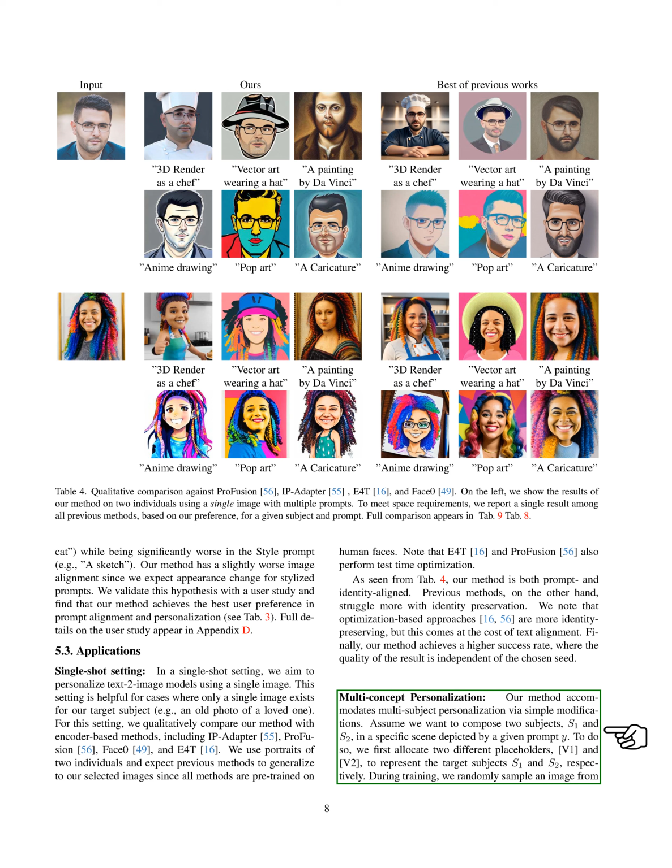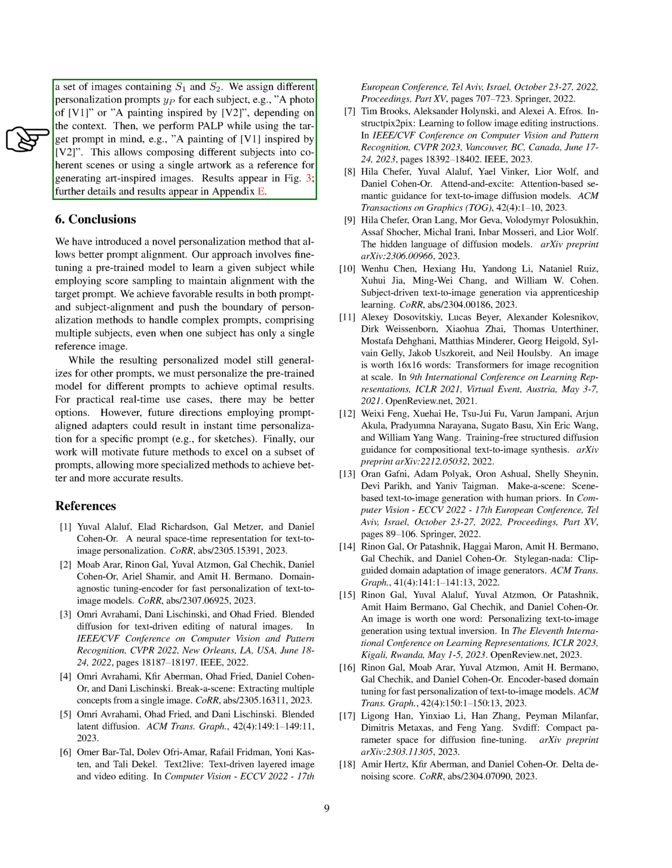During the training process, we randomly select an image from a set that includes images of both S1 and S2. We then assign different personalization prompts, YP, for each subject. For example, we might use a photo of V1 or a painting inspired by V2, depending on the context.